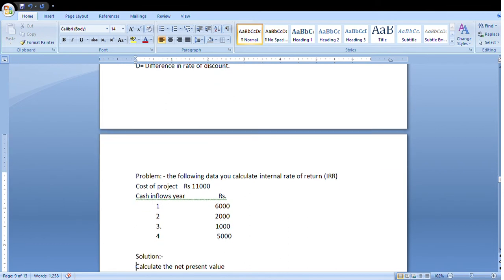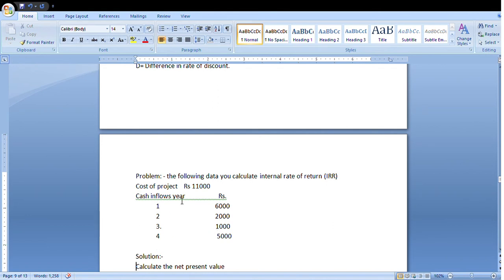The following data, calculate the internal rate of return. Cost of project 11,000. Cash inflows: first year 6,000, second year 2,000, third year 1,000, fourth year 5,000.